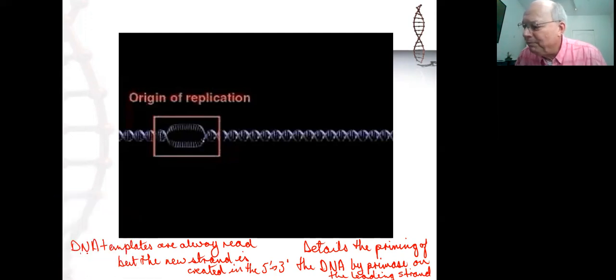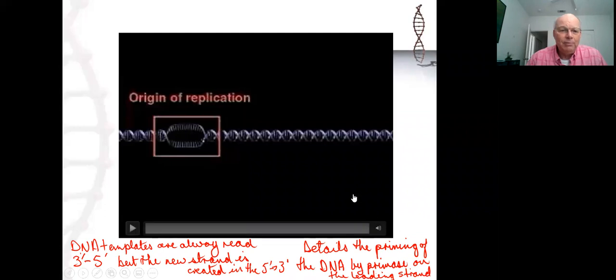So let's correct that. The DNA is always read 3' to 5'. I knew there was something wrong there. So the template strand is always being read 3' to 5'. But the new strand that's being created by the polymerase, whether it be a DNA polymerase or an RNA polymerase, is always going to be assembled in the 5' to 3' direction. Those are hard and fast rules. And that's consistent irrespective of where we're going with this when we're talking about the replication.